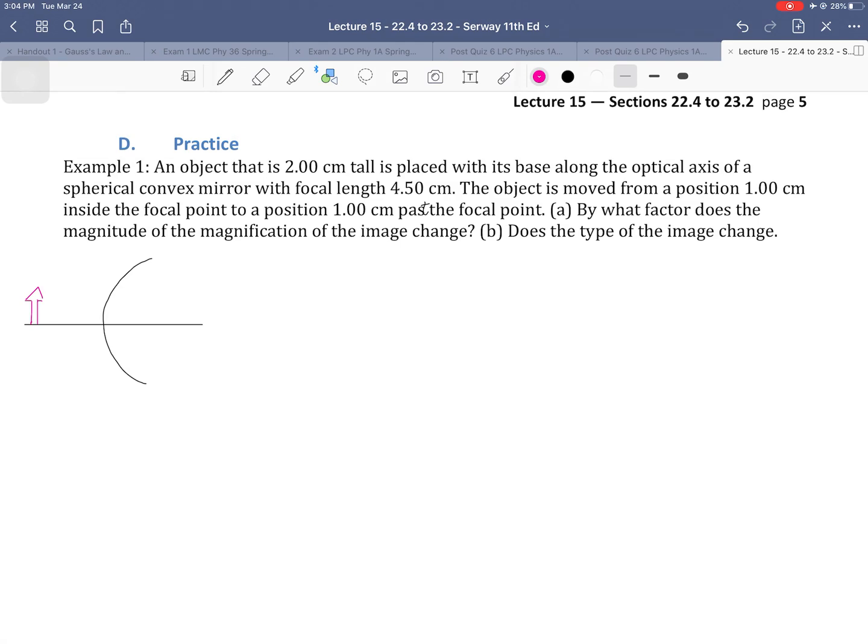You might be wondering about the way this is phrased, and I want to give some explanation, because obviously the focal point is here, and that's where it is for a convex mirror. Now, that distance is often referred to on both sides, and that's the case in the wording of this problem.